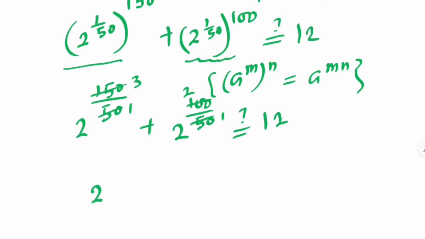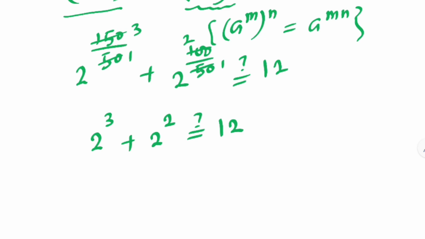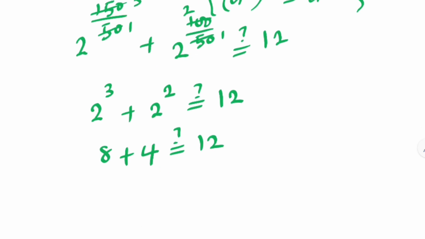Then we have 2 raised to power 3 plus 2 squared must be equal to 12. 2 raised to power 3, this is 8, plus 2 squared, 4, must be equal to 12. 8 plus 4, this is 12, is equal to 12, which is true.